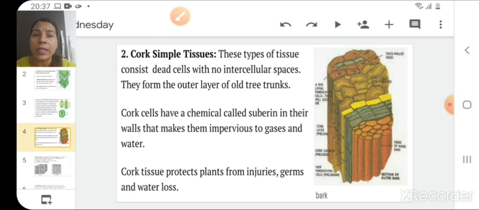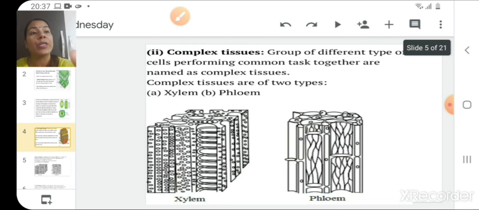The girth of the trunk is so much. It's only because of cork. Cork cells have a chemical called suberin in their walls that makes them impervious to gases and water. Cork tissues protect the plant from injuries, germs and water loss. So basically cork tissues are dead tissues of a plant.